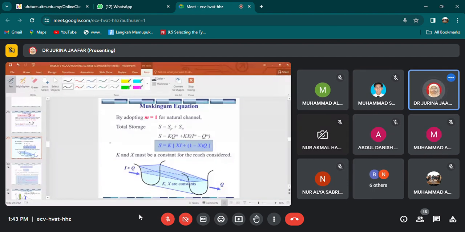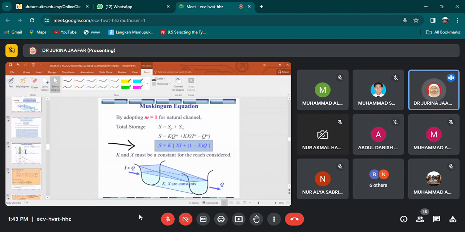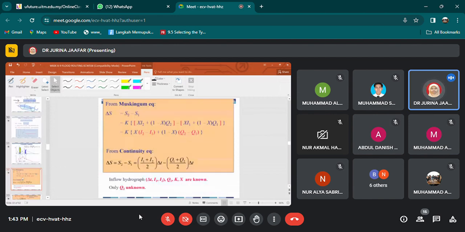Total storage K X kali dengan inflow and plus the outflow. Okay, dan example dia is shown here, di mana untuk mengira iteration calculation ini, data T, inflow dekat step 1, inflow dekat step 2, Q, K dan X perlu tahu dulu.